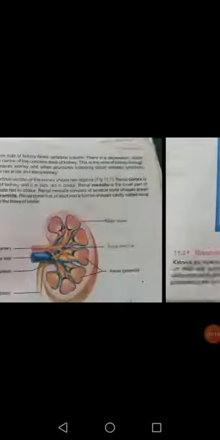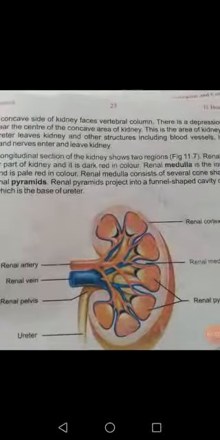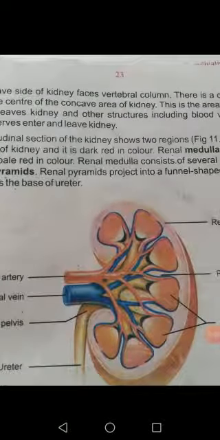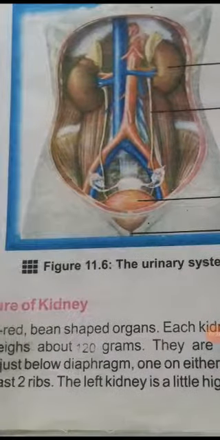Basically, this is the concave side of the human kidney. This concave side is the inner side, and the outer side is the convex side.